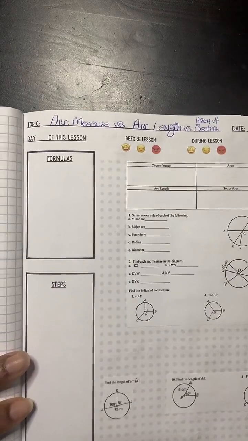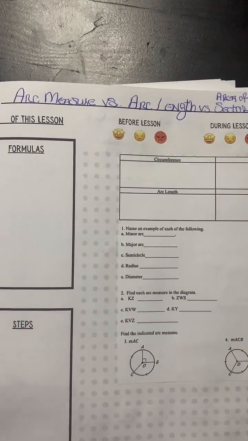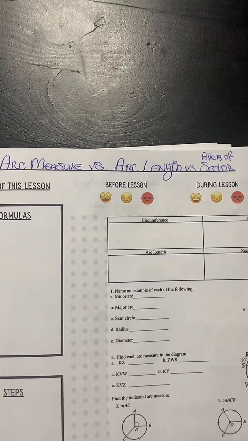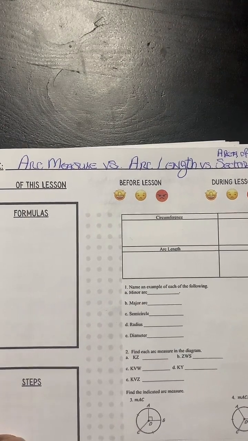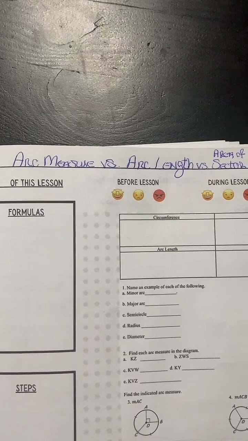As promised, we are going to go through arc measures, arc lengths, as well as area of a sector. So we are actually looking at arc measures and arc lengths and also the areas of those sectors.